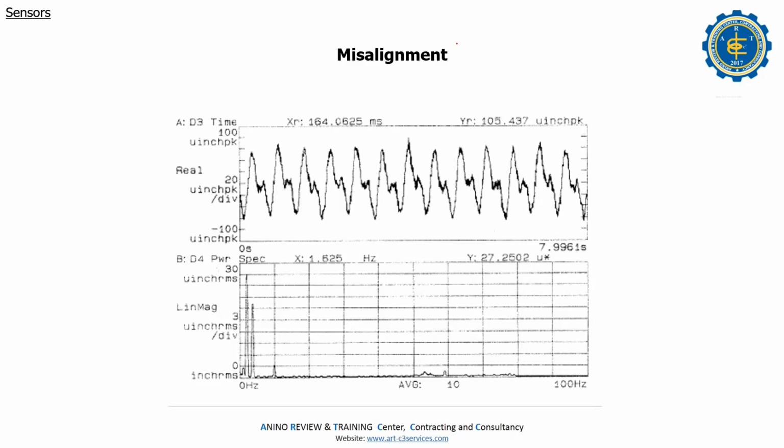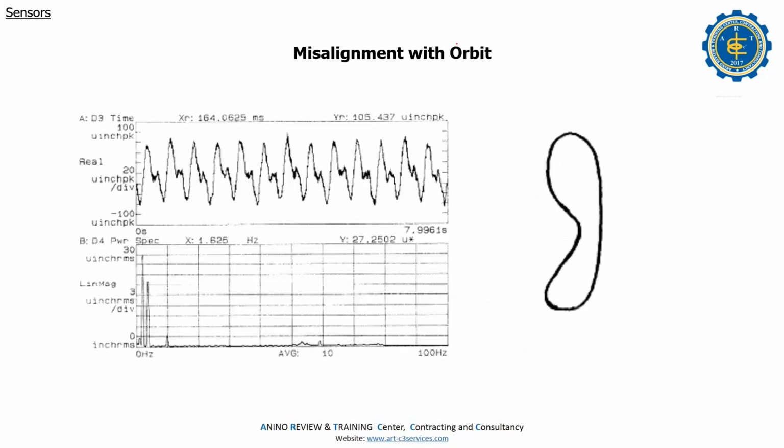So the monitoring system is to predict that a problem might be developing. That's why we have not experienced all the applications for System 1, because when the equipment is going too bad, then you have to take action. Okay, so this is the orbit for the misalignment. Hopefully you can see this in actual in your plant.